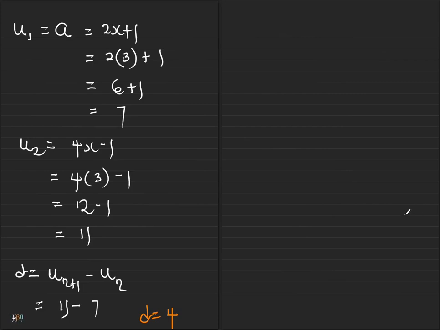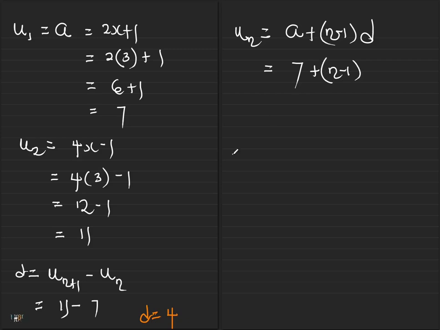We now write the general formula for the arithmetic progression. So the nth term, un, is a plus n minus 1 d, and we have our a and d. So our a, which is 7, the first term, plus n minus 1 times d, which is 4.